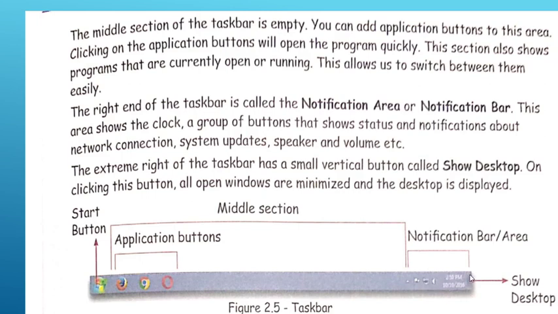On the right side of this notification bar, you have the system date along with the system time. Now in this taskbar, you have a few icons, more icons available, and this area where you have quick launch icons is called the application button.